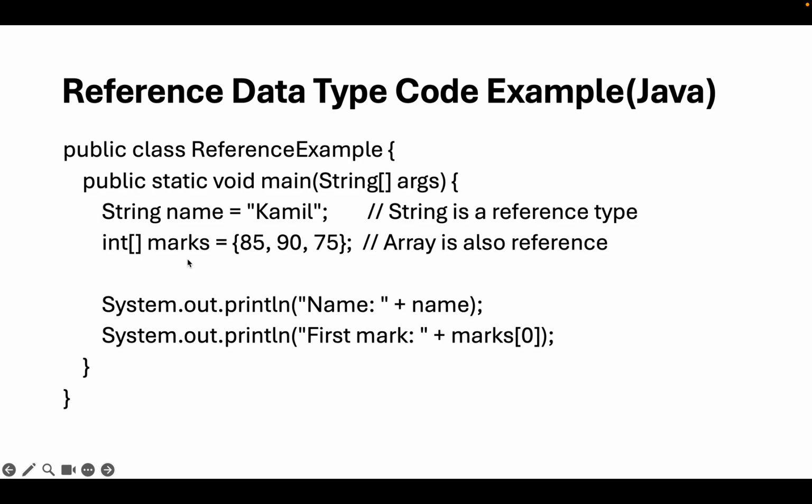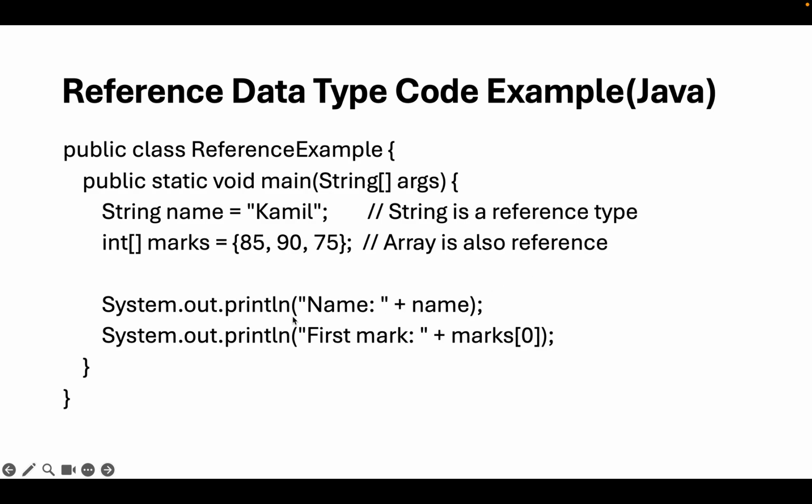This is not a primitive data type, because an array does not hold only one value. Primitive data types hold only one value, but an array does not. So this is known as a reference data type. Int array max is equal to 85, 90 and 75. And the comment says array is also a reference.